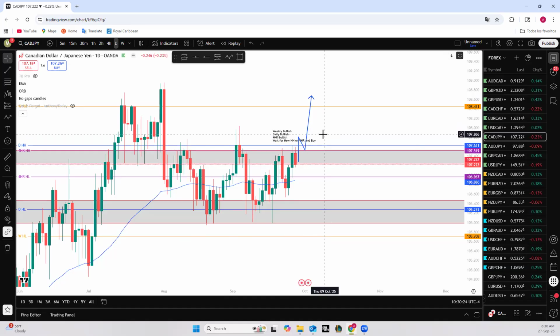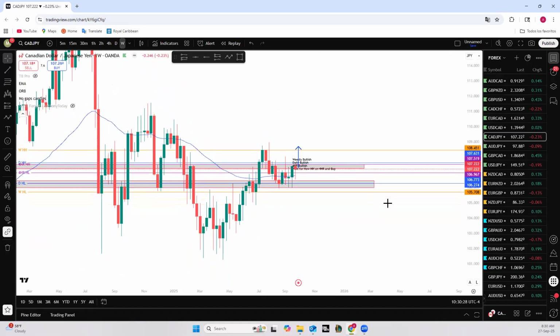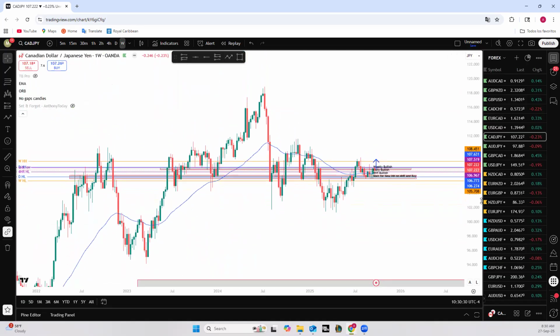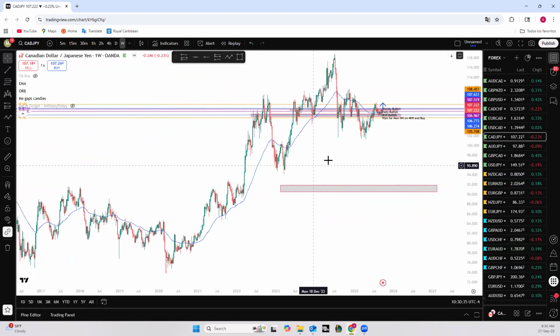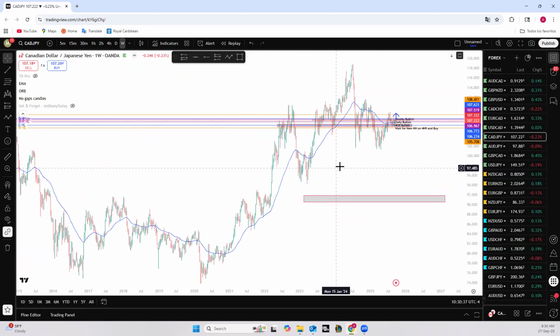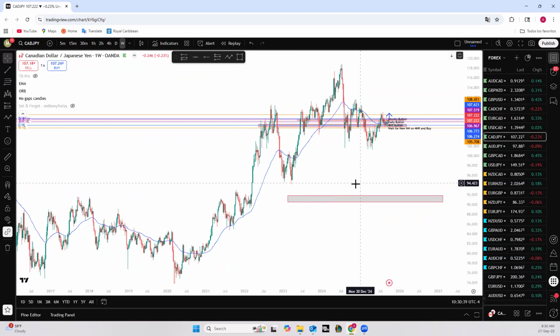On the weekly, can you zoom out to see where the market is? So that's CAD JPY.